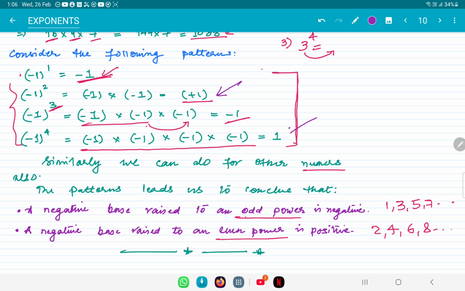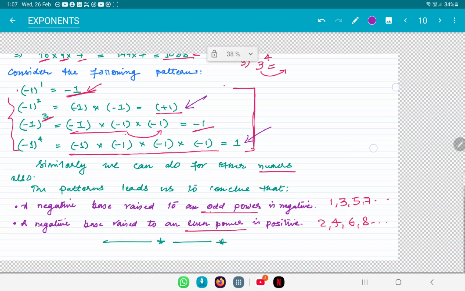Minus 1 raised to the power 4, we get plus 1. So just remember one thing: whenever a negative base is raised to an odd power, we get minus. And whenever a negative base is raised to an even power, it is positive.